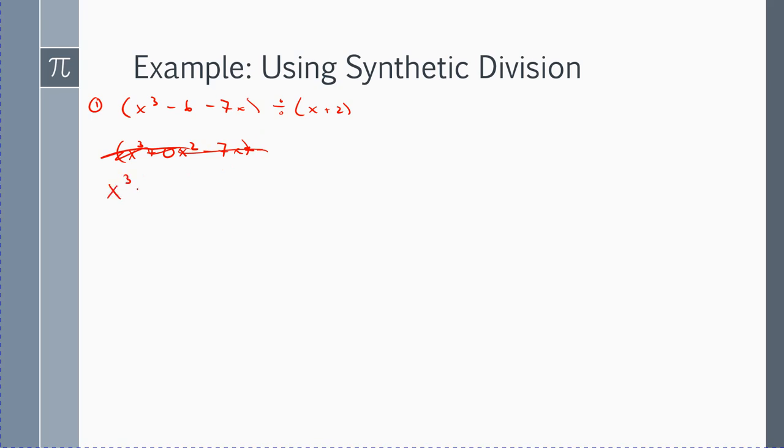So x cubed plus 0x squared minus 7x minus 6. And this, I'm going to write it as divided by x minus 2. So I get this x minus c.